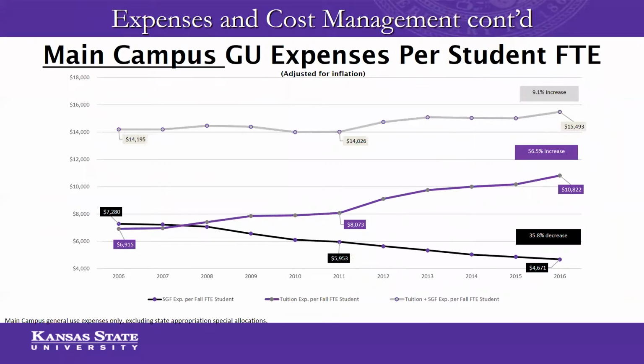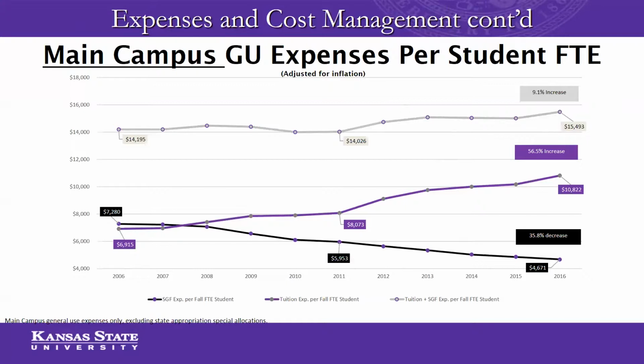Jack actually asked me to put this chart in, and I apologize because I haven't updated it yet, but I've changed it now to reflect 2006 to 2016. What we were looking at is, K-State, in terms of what you've spent out of your GU budget per student FTE, what has that looked like over the period of time?